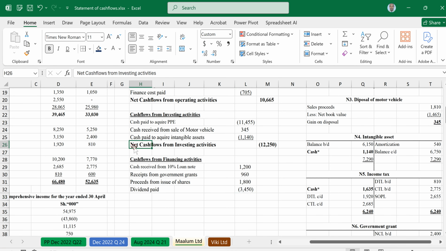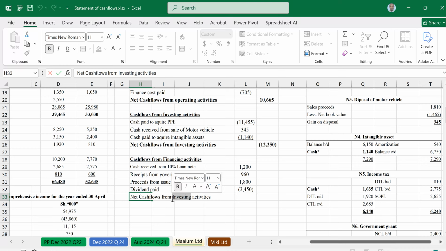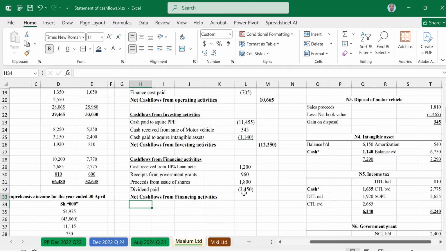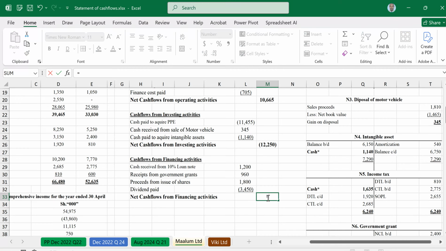At the end, we have net cash flows from financing activities. Equal sign, sum tab.